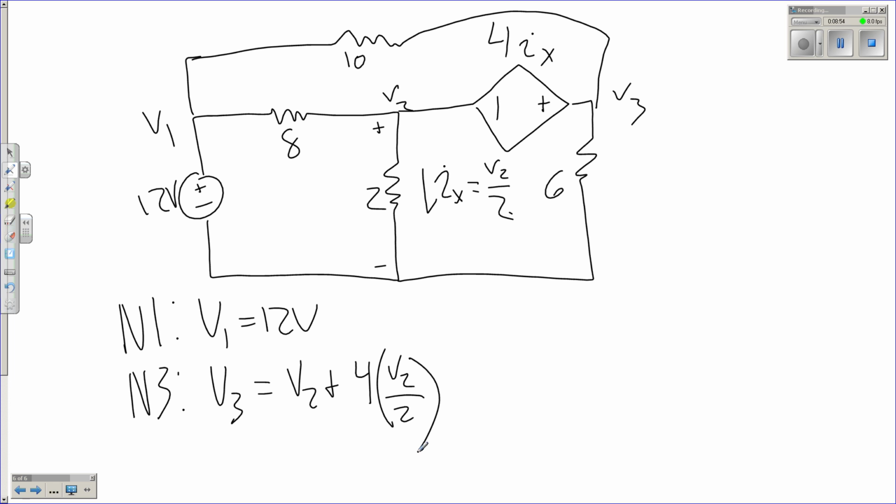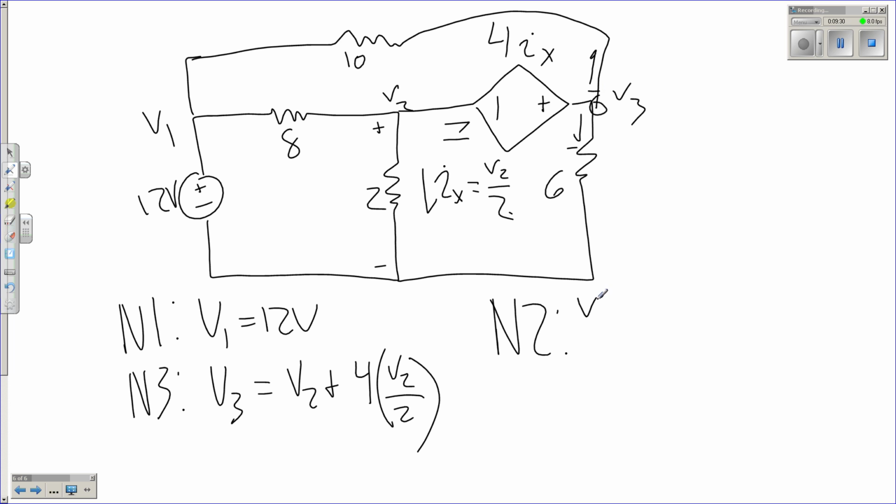But that's where things stop getting easy. Because again, the current here is going to be whatever it takes to get V3 equal to V2 plus 4 times V2 over 2. So we need to separate those currents out again, use our current law to find what that's going to be there. So rather than using this current, we'll just use these two. I'll sub them in as we go.